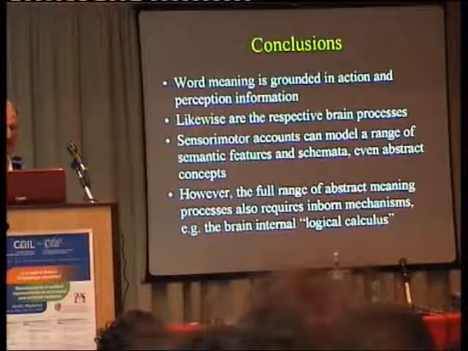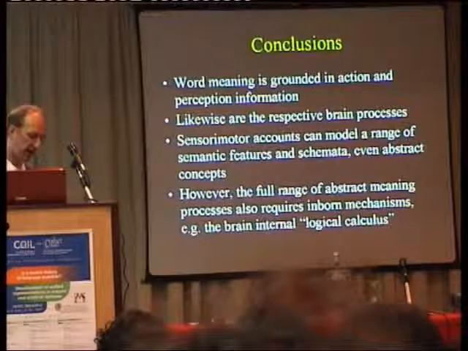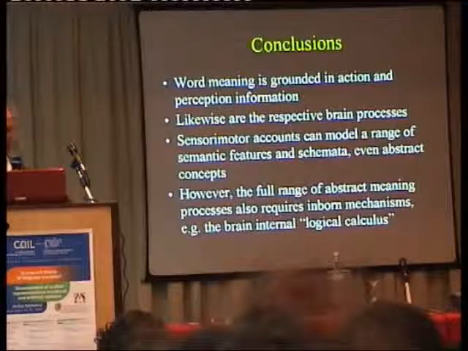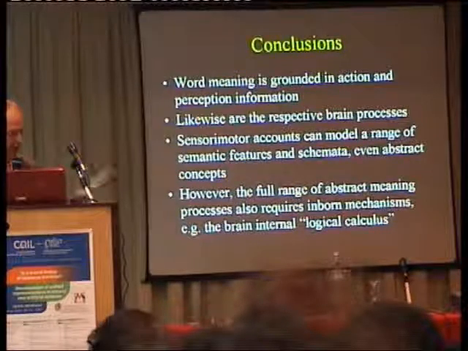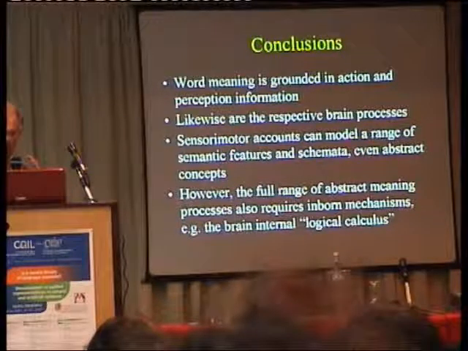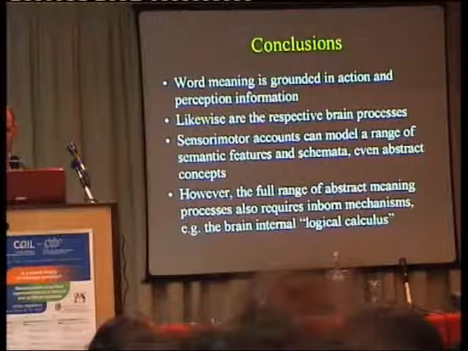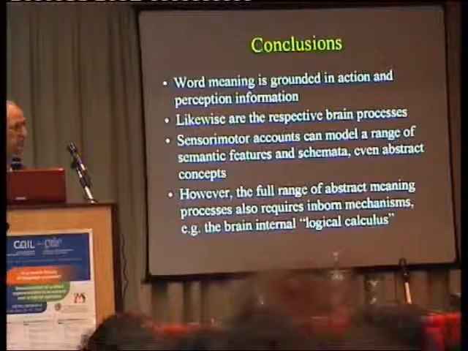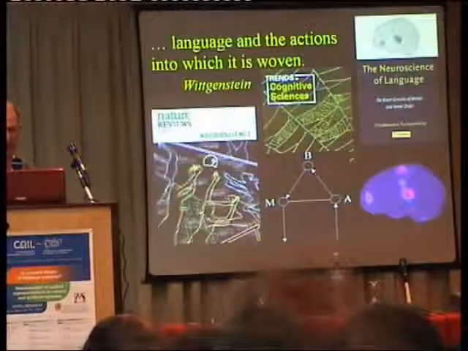We cannot just state that everything is embodied or derived from experience. We have to state that there is this cortical logical calculus, as McCulloch and Pitts called it, which enables us to extract abstract information.